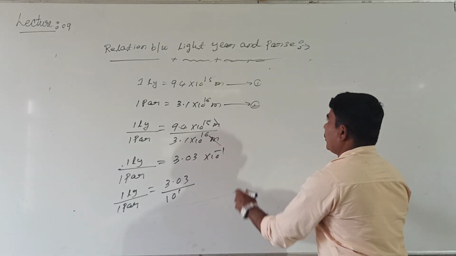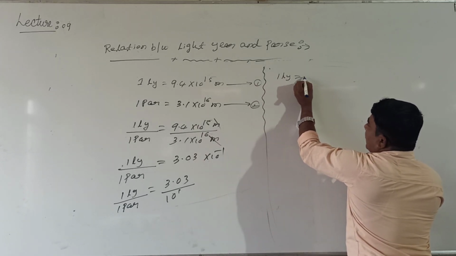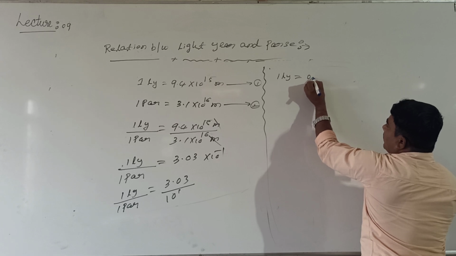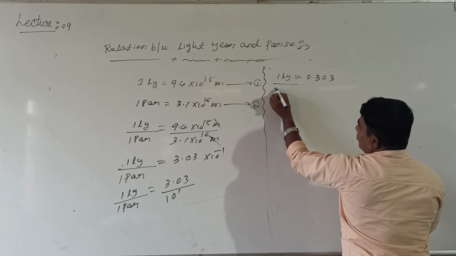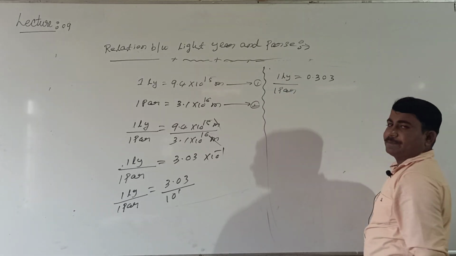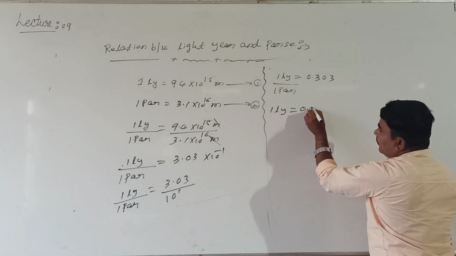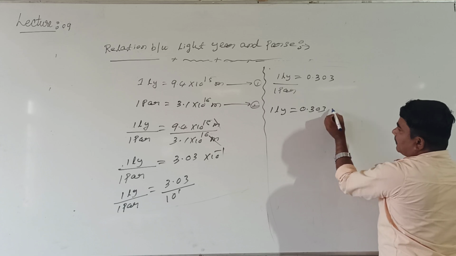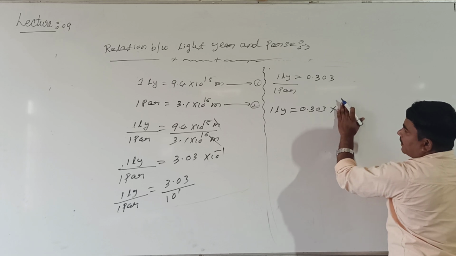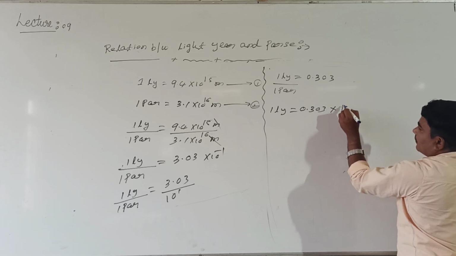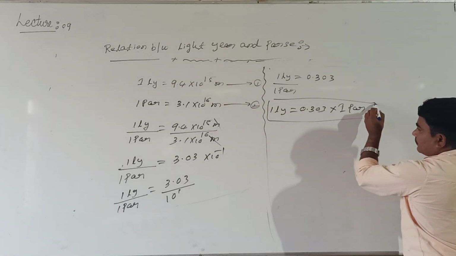Then divided by 10, how much did you get? 1 light year equals 0.303 into 1 parsec. This is the final relation, right?